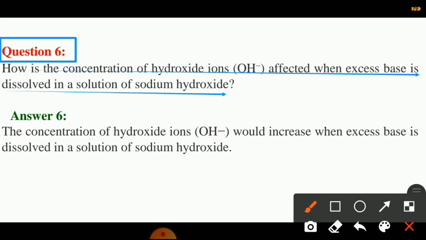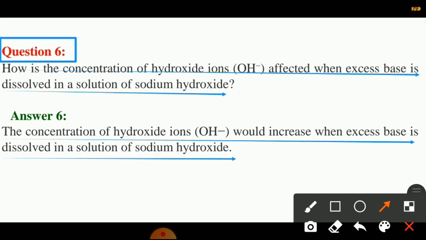Sodium hydroxide solution also contains the hydroxide ion. So if both are mixed together, then the number of hydroxide ions per unit volume will increase. So in the answer we should write, the concentration of hydroxide ions OH negative would increase when excess base is dissolved in a solution of sodium hydroxide.